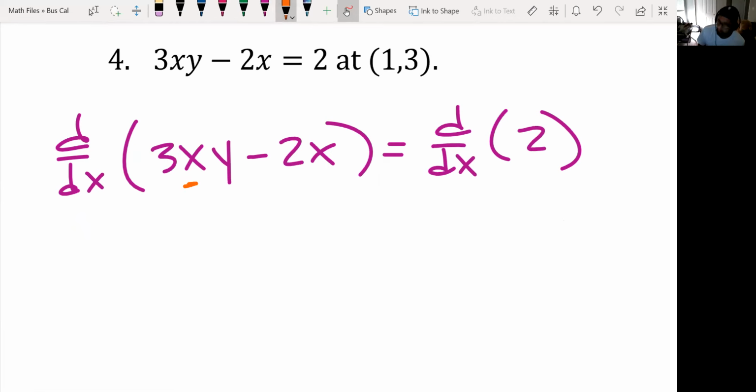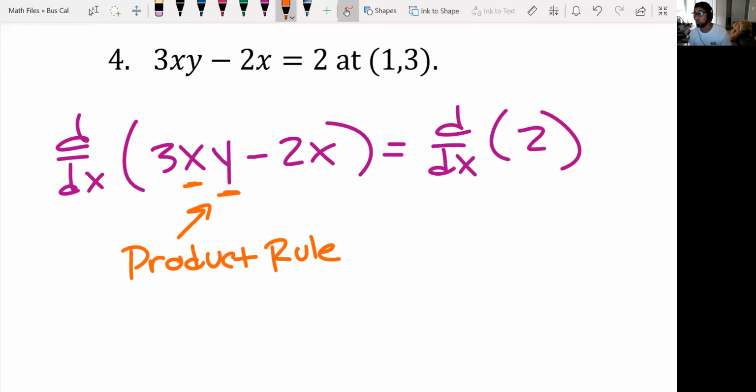So I have a function x times a function y. And if you remember product rule, it's used when you're trying to take the derivative of the product of 2 functions. Well, here x and y are considered functions. So we are going to have to use product rule to find the derivative of x times y.